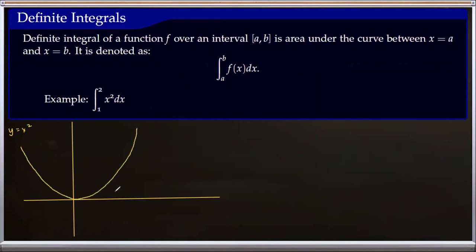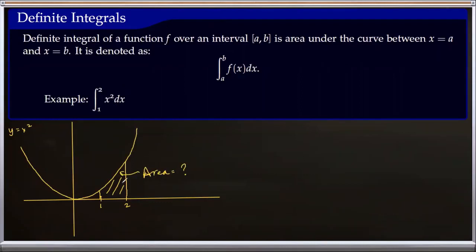And then we are looking at the area under the curve from 1 to 2. So the area we are looking at is this one. So this is the area we need to figure out.